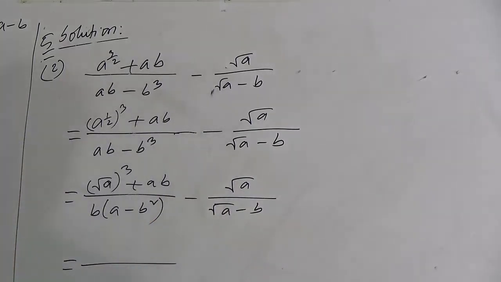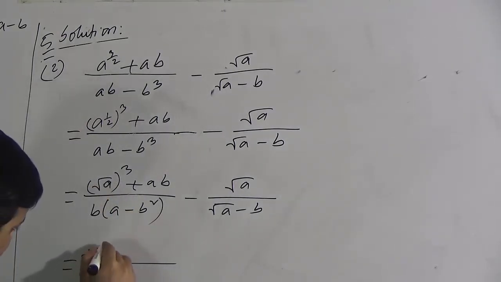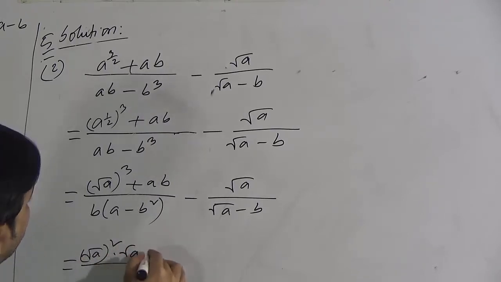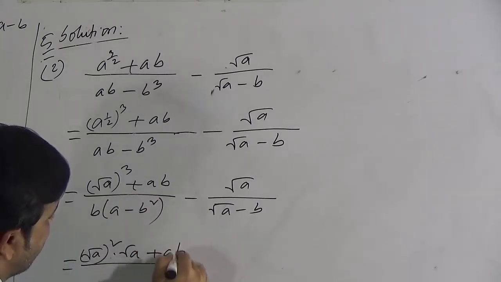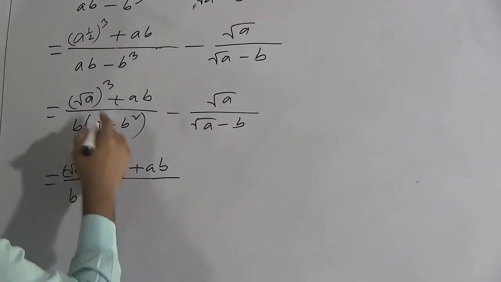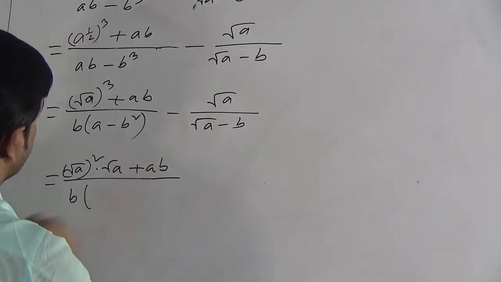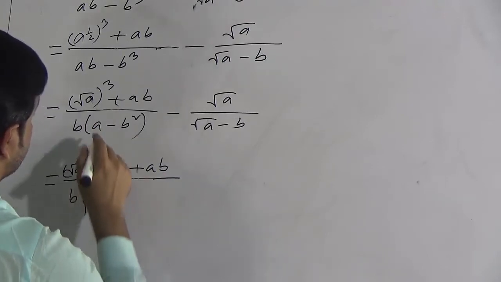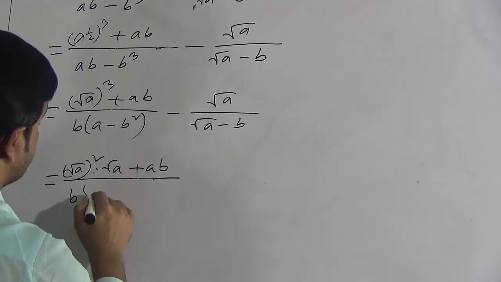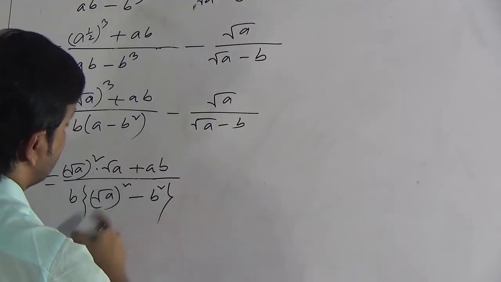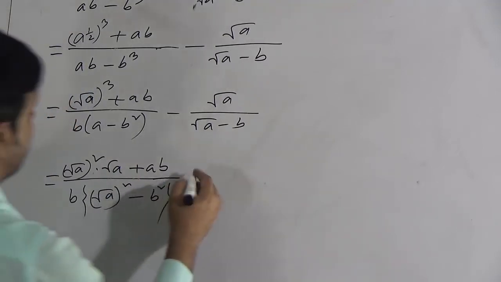So now we can write square root a whole cube means square root a whole square into square root a. Then we can write ab. Now we can write b, and we can express a as square root a whole square minus b square, so that we can apply the formula of a square minus b square here.